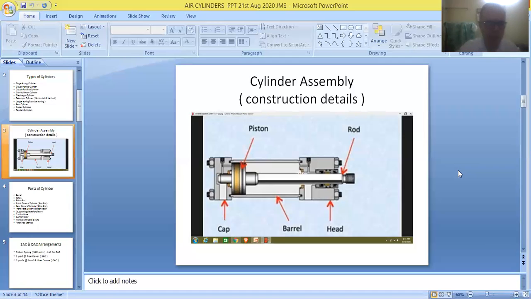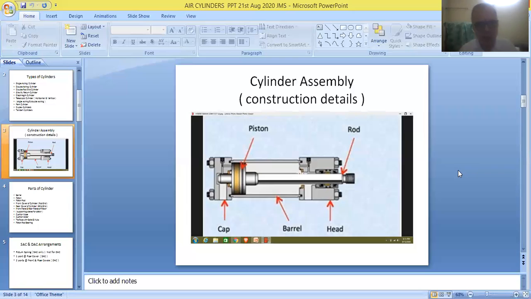Many times we have discussed this arrangement. One end of the piston rod is fitted to the piston, and the other end of the piston rod is connected to the tool of the machine. Therefore, during the operation of the circuit, all these items will be moving as a single unit. When the piston moves in forward direction, the tool will also move in forward direction.